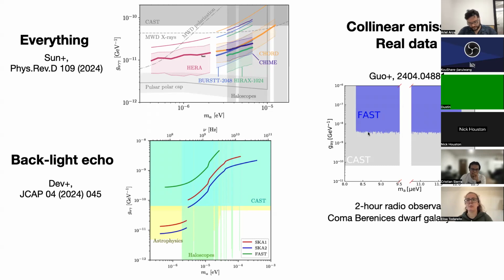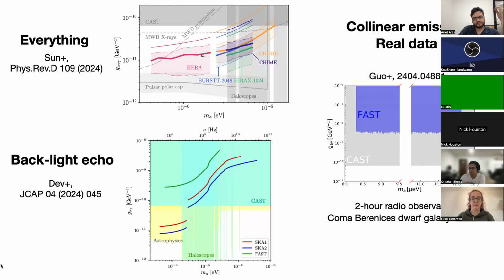It falls in a constrained region, but okay, it's the first work. And they had only 2 hours of observation of this dwarf galaxy with FAST. And I have to say that all these forecasts usually assume 100 hours of observation, while this one is only 2 hours. So I think it's good that some real bounds are coming out using this method.